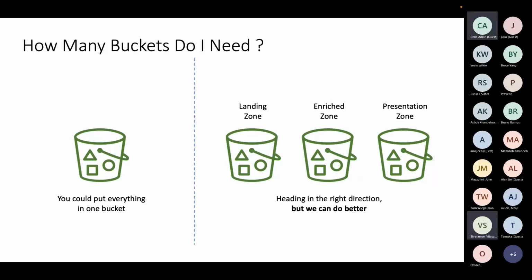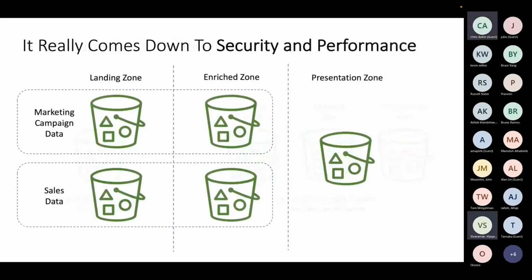You could use one bucket and create different folders in it. You can control permissions that way. However, there's a trade-off here, and that trade-off is security versus performance.